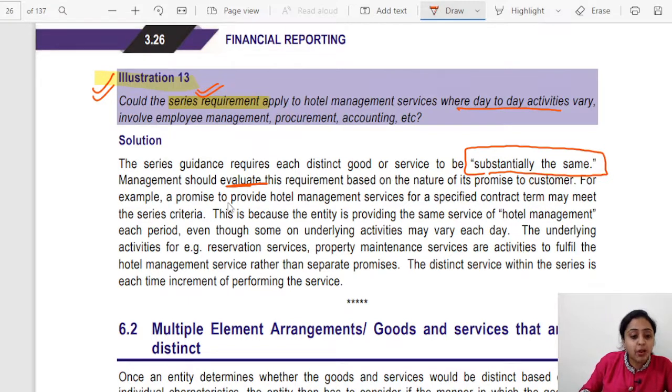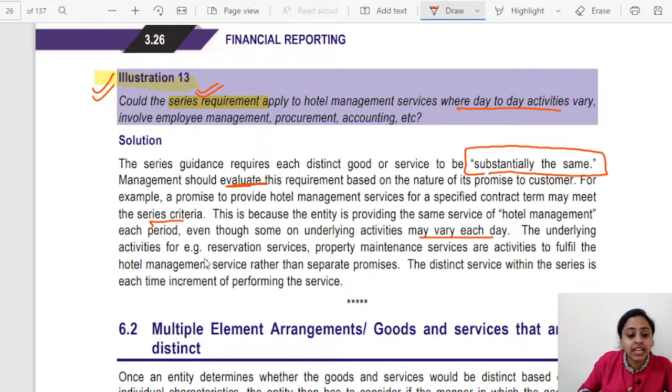For example, a promise to provide hotel management service for a specified contract term may meet the series criteria. There are certain activities that can fulfill the series requirement, even though some of the underlying activities may vary each day.